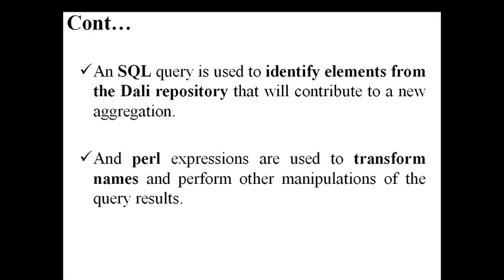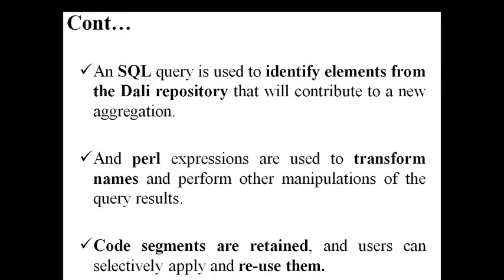After that, Perl expressions are used to transform names and perform other manipulations. After getting some output, we have to give our own names for the variables we have taken, because we don't know the original names, original function names, etc. So it is time to give new names.